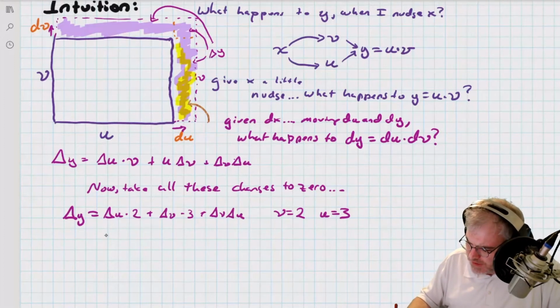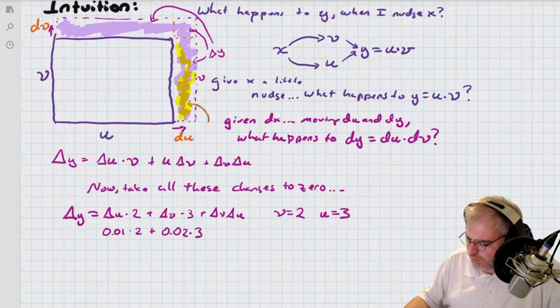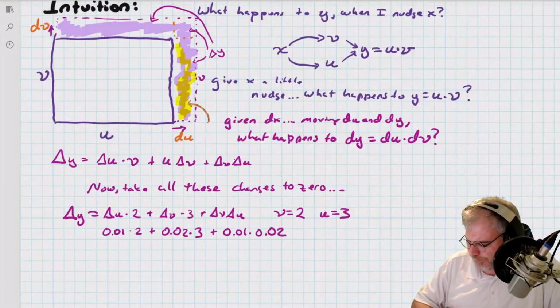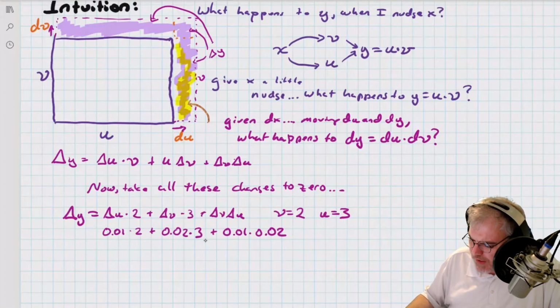Well, if this thing is 0.001 times 2 plus, let's do 0.02 times 3 plus 0.01 times 0.02. How do these two numbers compare with this number?